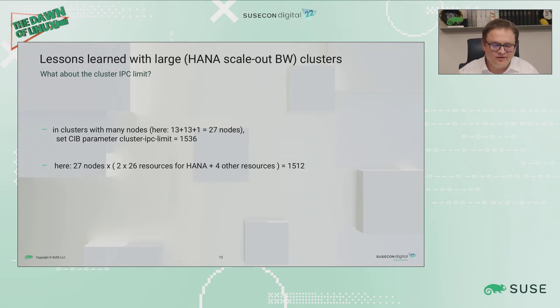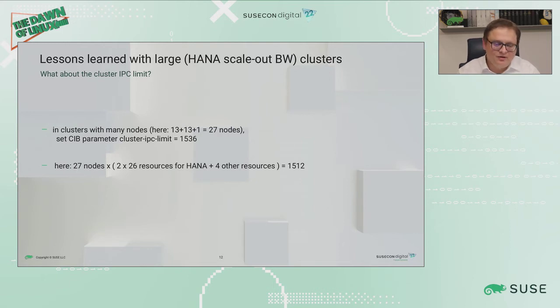The formula to calculate this is the number of resources, which in this example is 20 nodes times 2 resource agents for HANA plus other resources like load balancers or virtual IPs and the like, or STONITH resources.